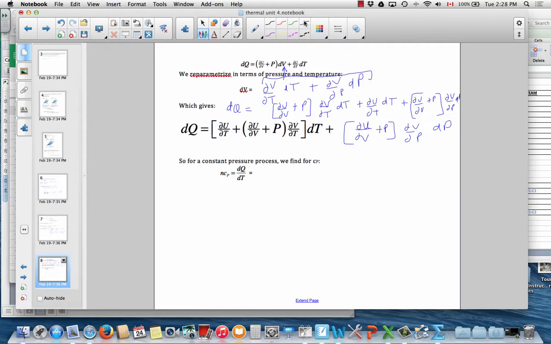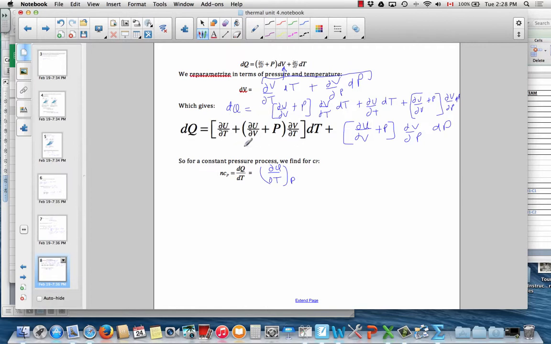Okay, so we want the constant pressure specific heat, and since dq is nCp dt, we rearrange and solve that for nCp, we get dq/dt, but really that's partial of q with respect to t at constant pressure, and the partial of q with respect to t should be exactly this term in the expansion.